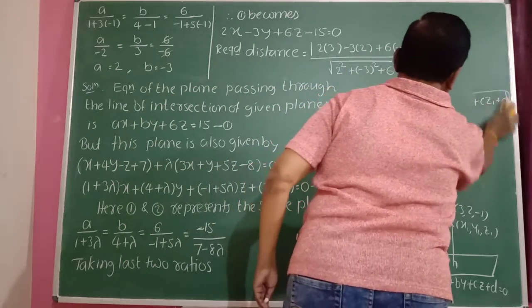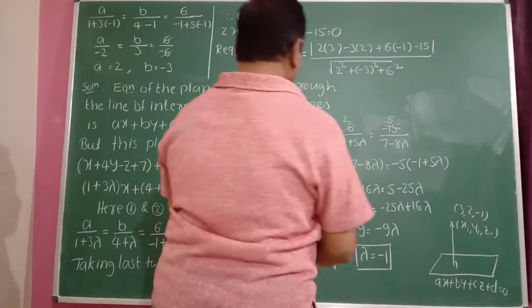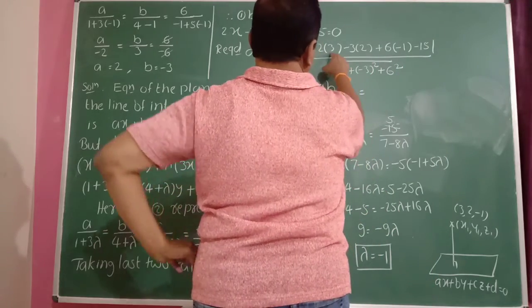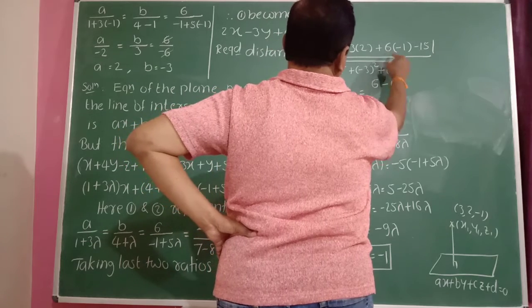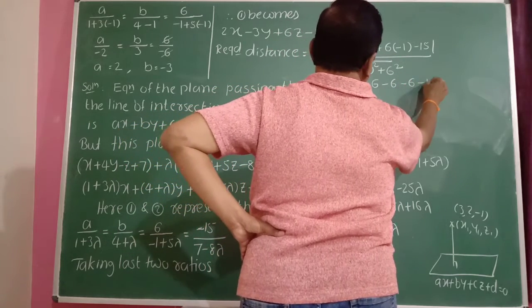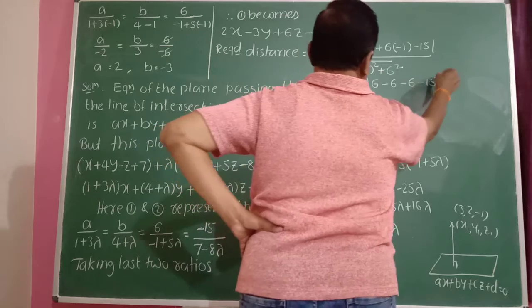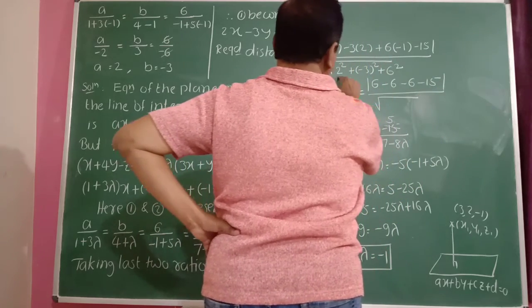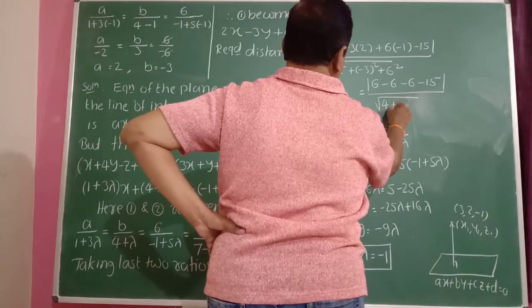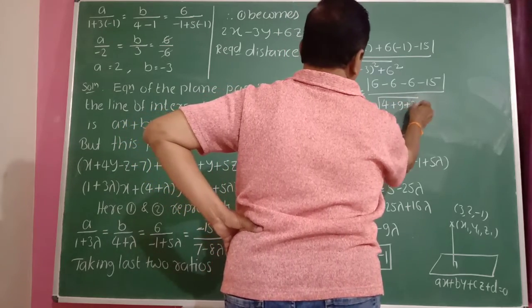Then simplify this. So this is equal to, 3 2s are 6, minus 6, 6 1s are 6, minus 6, minus 15 in the modulus, divided by root of 2 squares are 4, 3 squares are 9, 6 squares are 36.